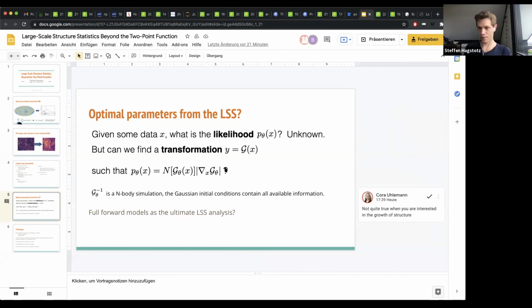Marcos, also about this? No, sorry, I forgot to lower my hand. No worries. I think this is a very appealing idea. But as Marika also mentioned, this puts all the weight on your forward model, which has to be precisely on point.